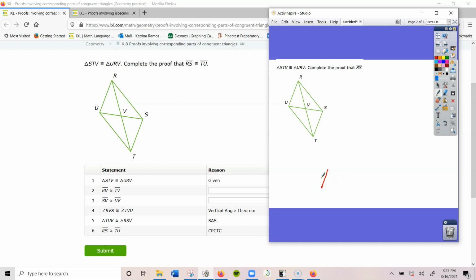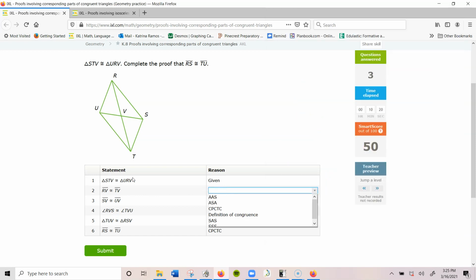We have STV and URV. So we have that these two triangles are congruent. Then we have that RV is congruent to TV. Now these are corresponding parts because they are part of the same congruent triangle. So when you are told that two triangles are congruent, then their parts are also congruent.